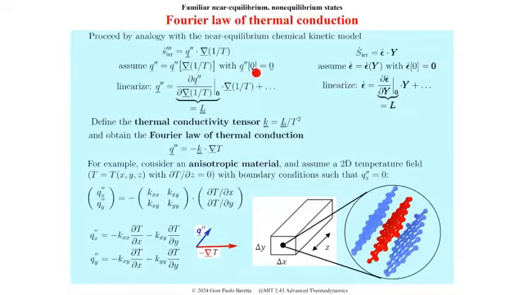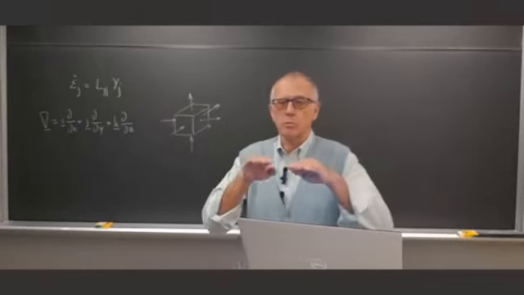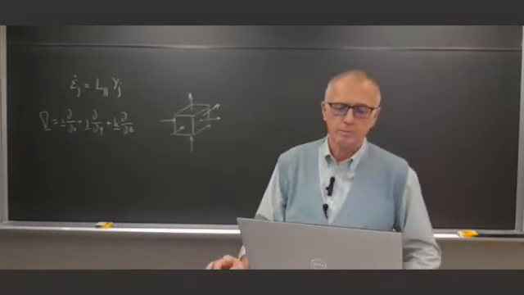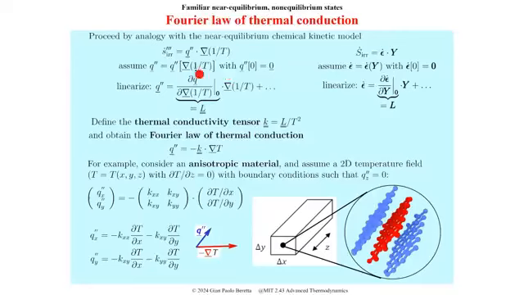And it is equal to 0 if there is no gradient, because we know that if the temperature profile is flat, there is no gradient, there is no heat flux. And we linearize this expression, like we did here. You take this derivative, and the derivative of a vector with respect to another vector becomes a tensor. We call it L, double underline for a tensor.